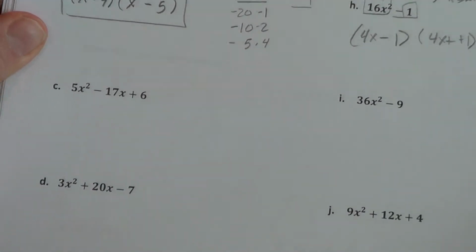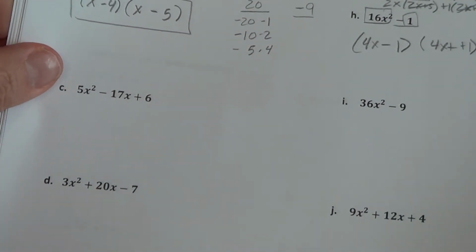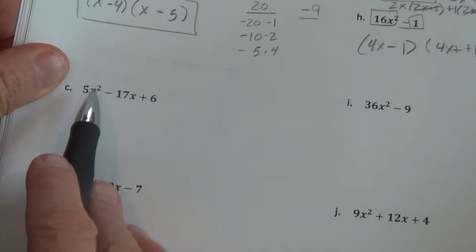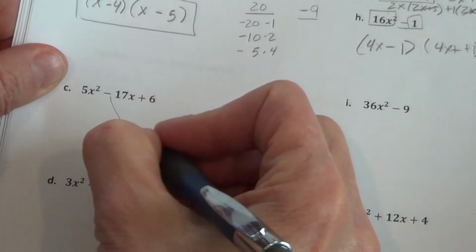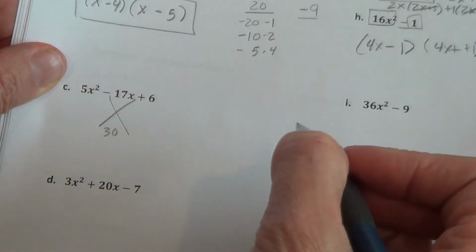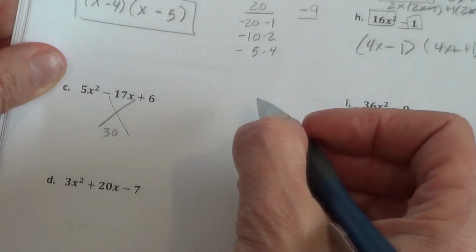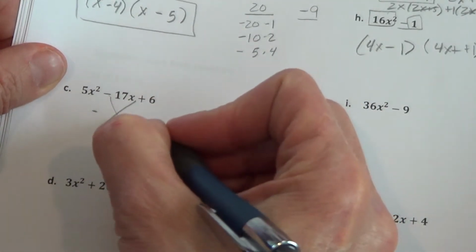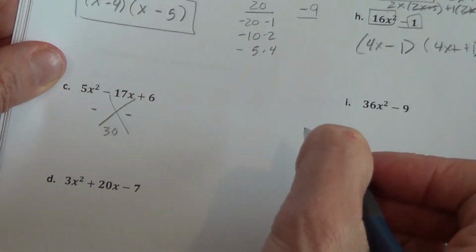Okay. Next one is 3 terms. It does have a factor up here in the front that's bigger than 1, so we have to go to our x game. 6 times 5 is 30. That is a positive 30, so we know the signs have to be the same. Since that has a negative sign, we go with 2 negative numbers.